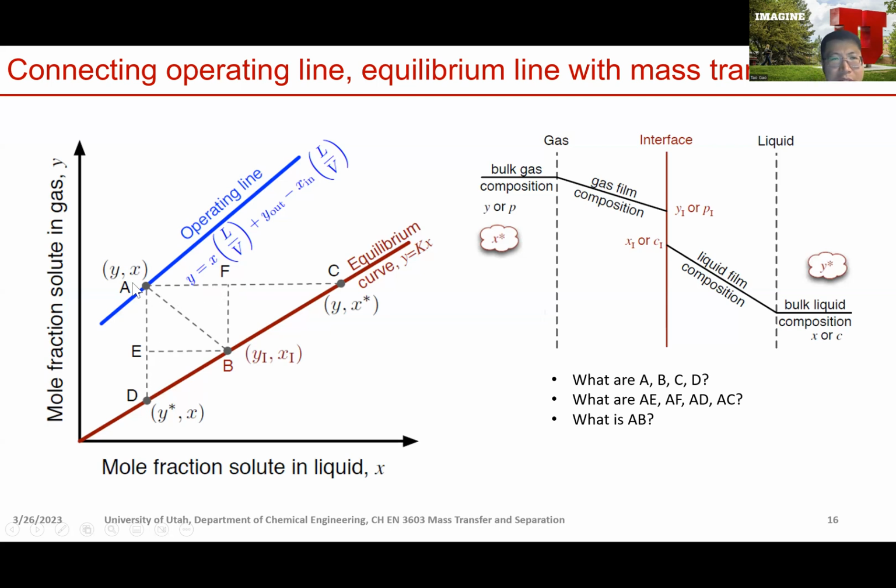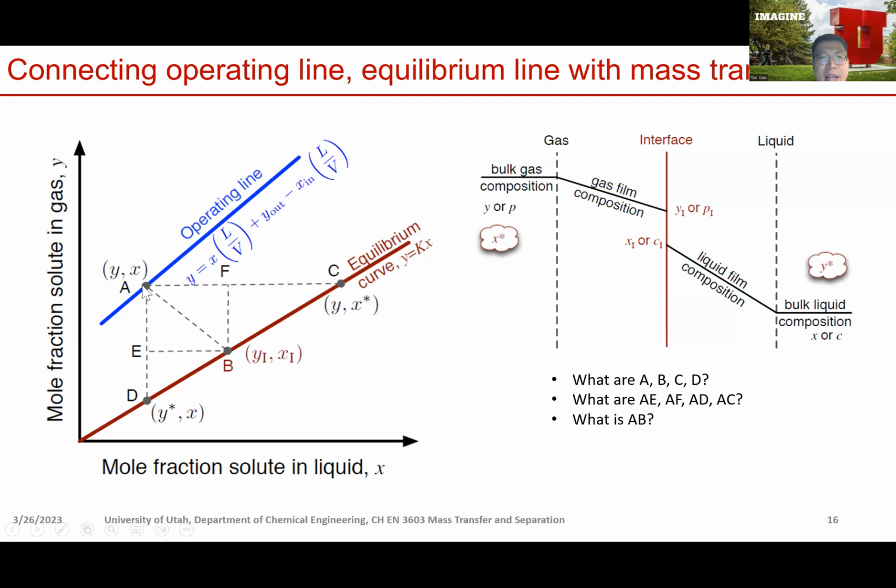AD is Y minus Y star. That's the overall mass transfer driving force across both the gas phase and the liquid phase when you use the overall mass transfer coefficient based on the gas phase composition.